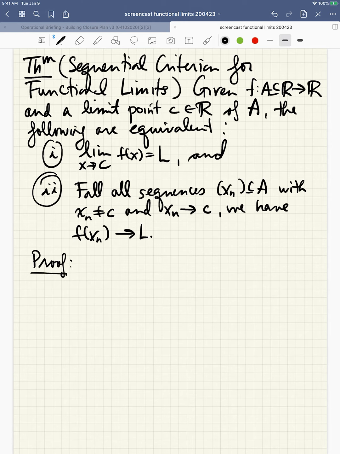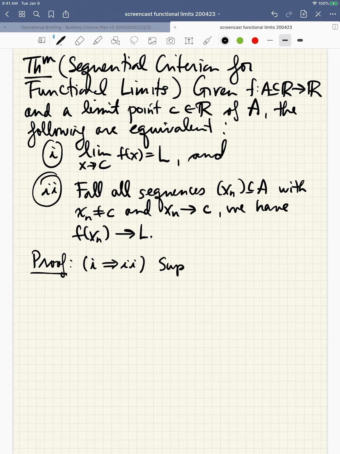So we're going to prove 1 implies 2. And then we'll have to prove 2 implies 1. That's what we mean by equivalence. The first statement is true if and only if the second statement is true.